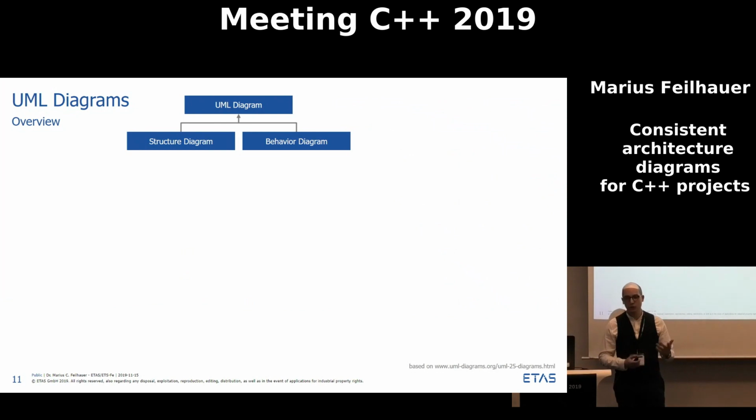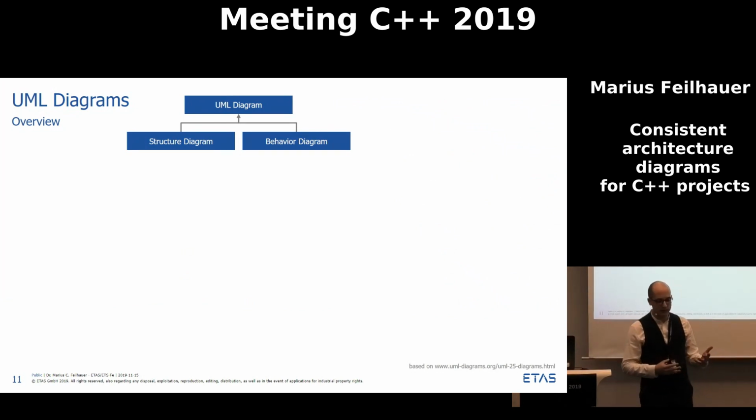And here a short overview of which types of UML diagrams are available. On the one hand, we have the structural diagrams, which represent the building blocks of our software, how it's structured. The other diagrams are the behavior diagrams: how does the program interact, evolve over time?